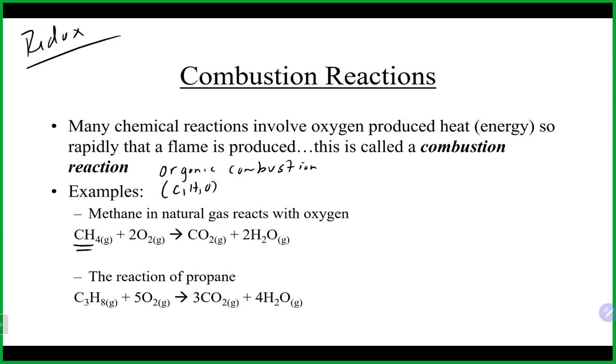In that type of combustion reaction, there's basically three things that always appear in the reaction, and that is O2 on the left, CO2 and water. So that's like a no-brainer there. O2 on the left, CO2 and water on the right if it's an organic combustion reaction. That's pretty much what it's always going to make in these reactions.